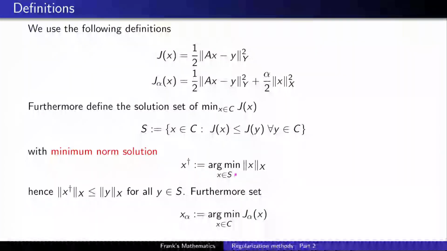And since our optimization problem minimizing J alpha has a unique solution, which was just shown before, we denote the solution by x alpha.